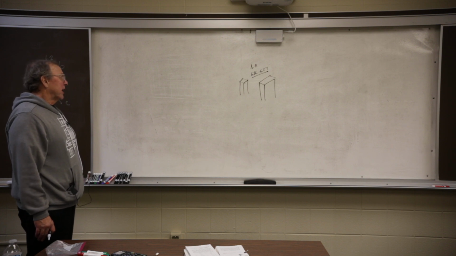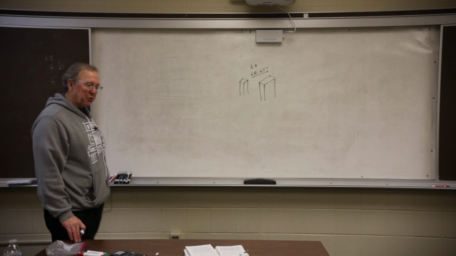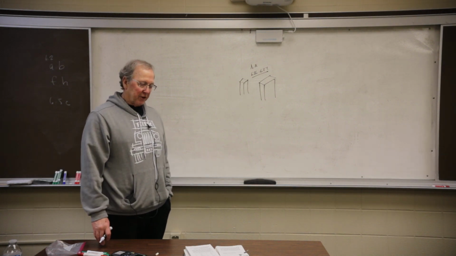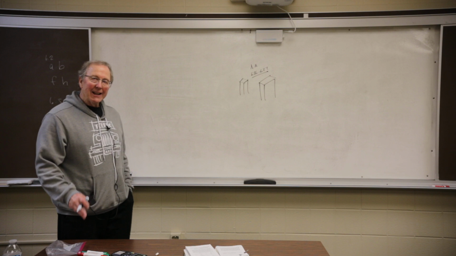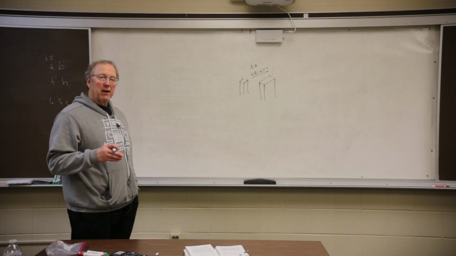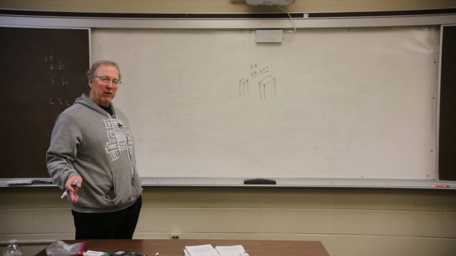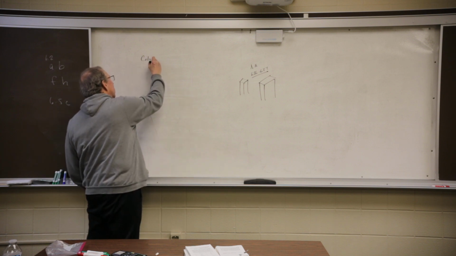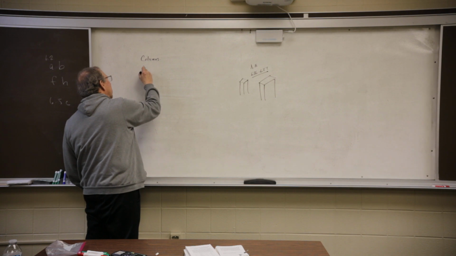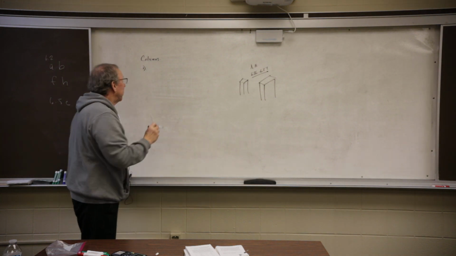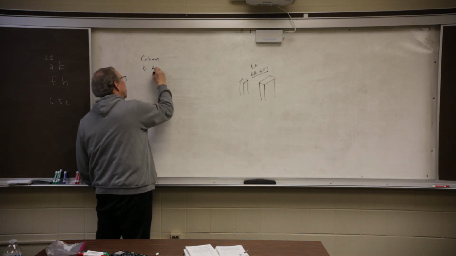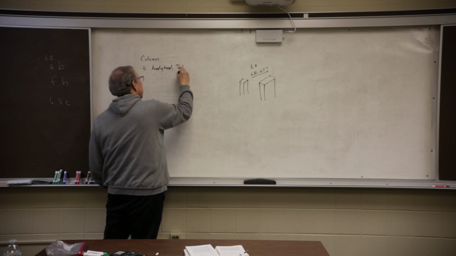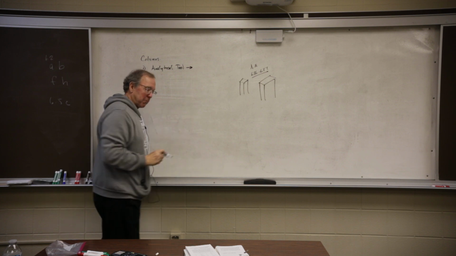Chapter 6 is divided into 3 regions as far as I'm concerned and you're concerned. First is the use of an analytical tool to figure out the ability of that member to carry load. So we've got columns, using an analytical tool, which is an equation to figure out the capacity.